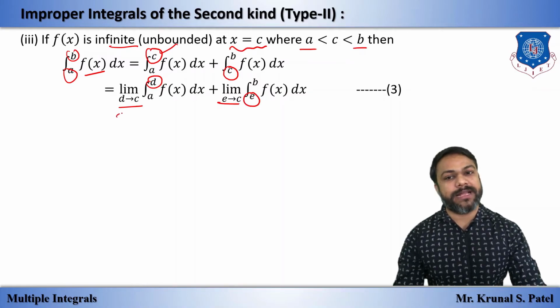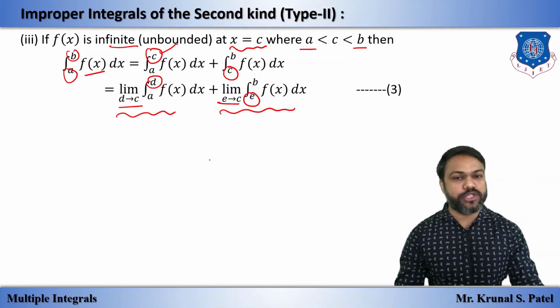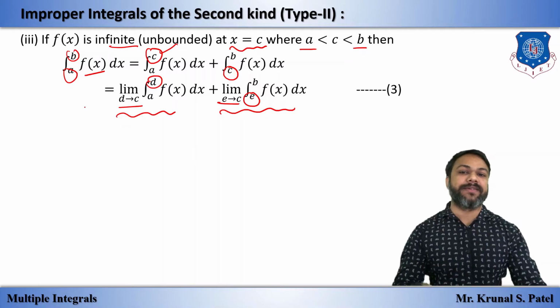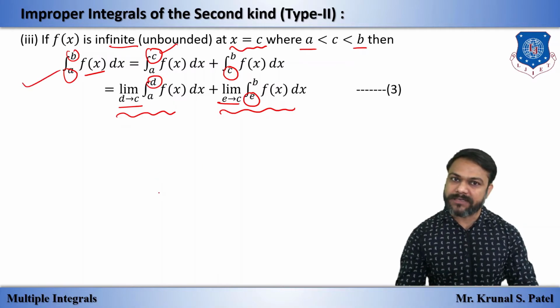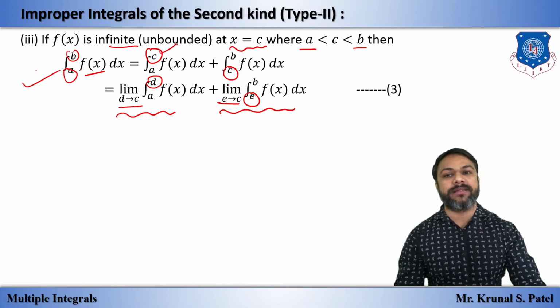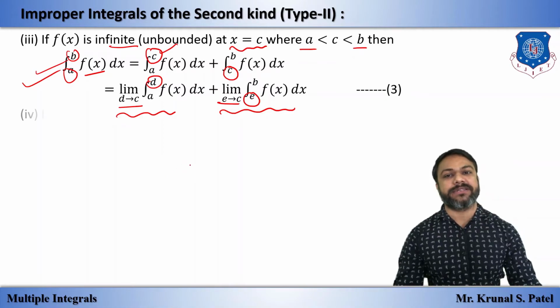Okay, now as in the previous first kind, we'll find the limit of these two, and if both are finite, then the given integral is finite, so it is convergent. If either of these two is infinite, then the given integral is infinite, and therefore the given integral is divergent.